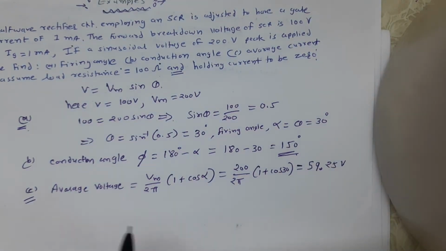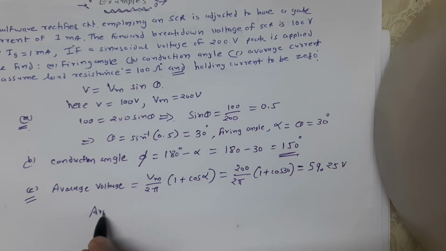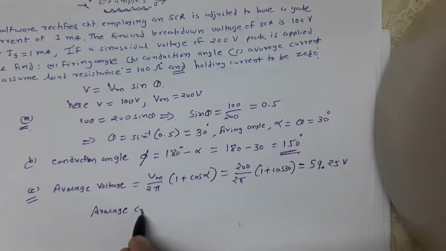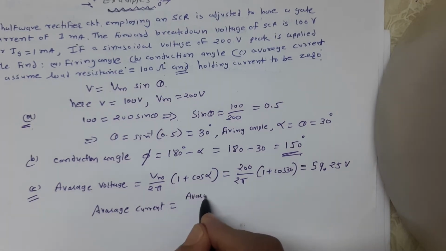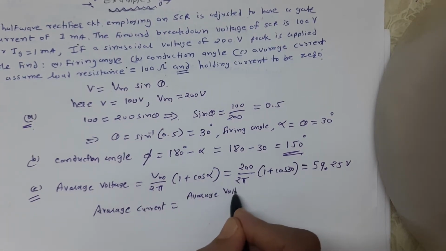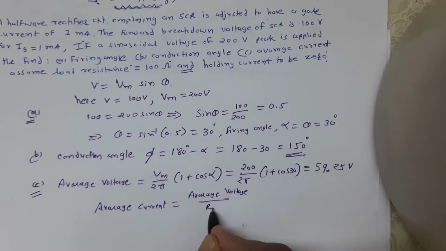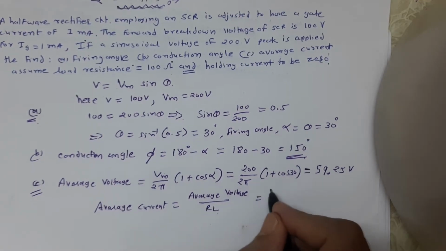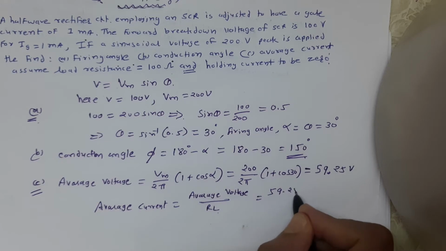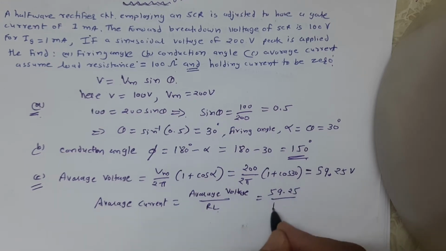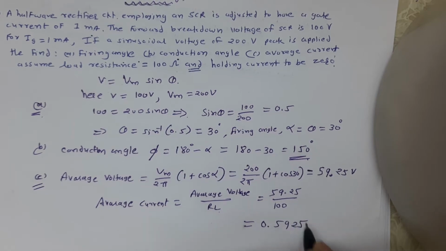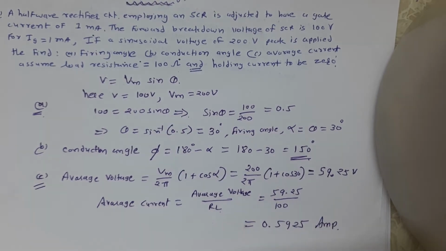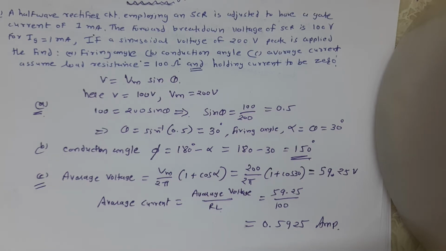So from the voltage we get the average current, which is equal to average voltage upon RL, that is 59.25 divided by 100. So this is equal to 0.5925 ampere. This is the final answer of this question.